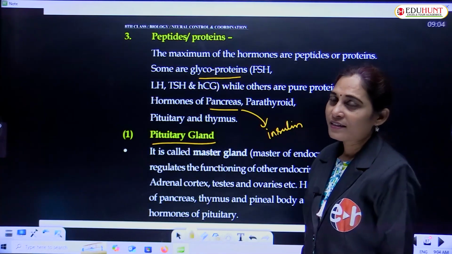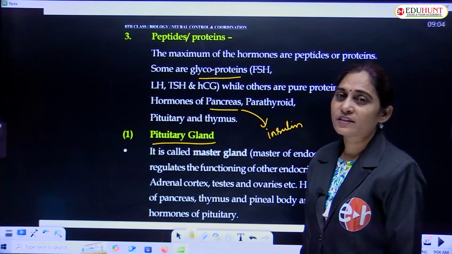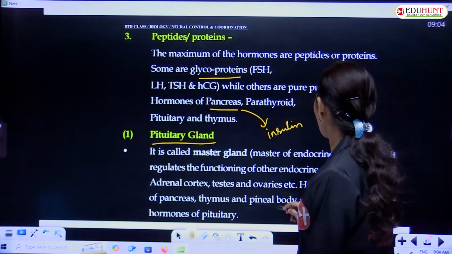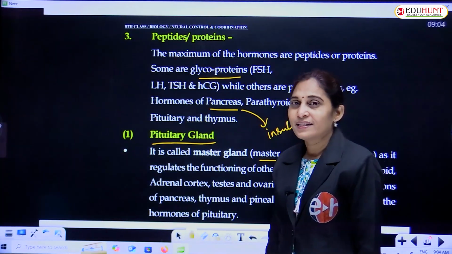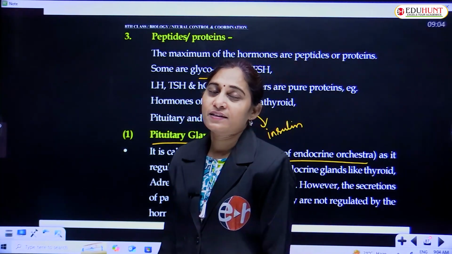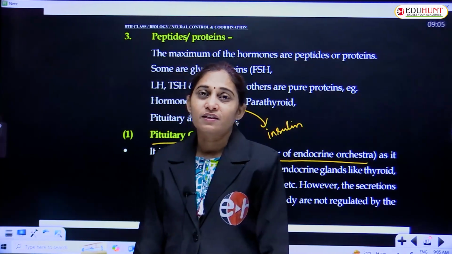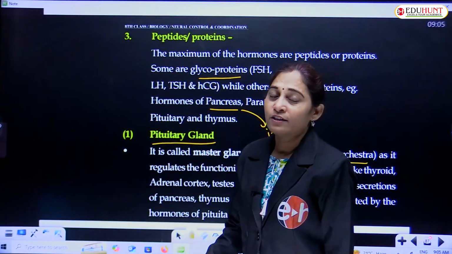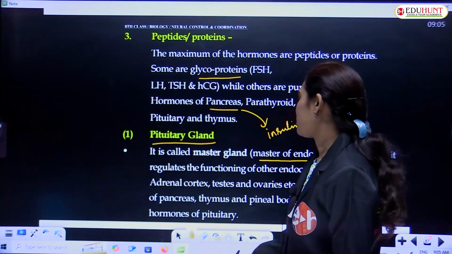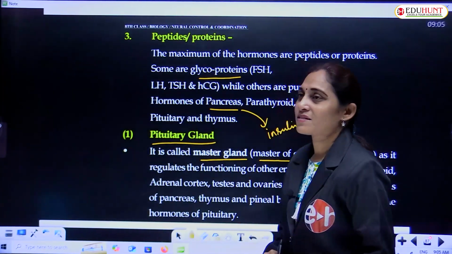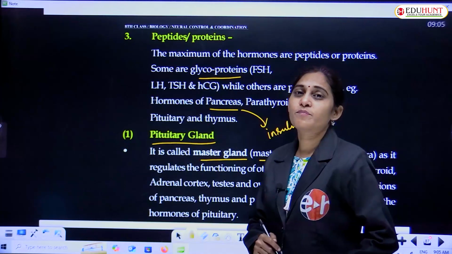The pituitary gland is called the master of the endocrine orchestra because it is the main gland that influences the other endocrine glands and their secretions, and that is why it is called the master gland. It is very, very important.